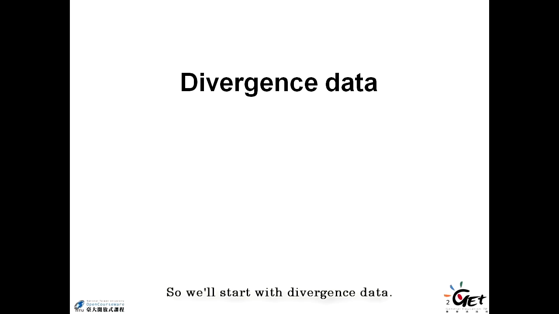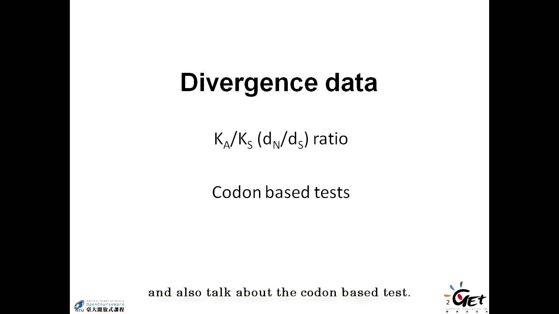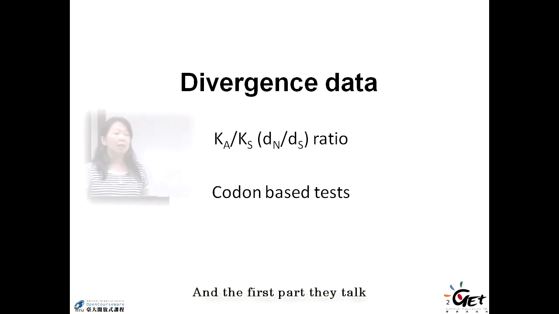So we'll start with the divergence data. Actually, everybody already knows that, but I want to give an overview of the ratio test and also talk about the codon-based test. That's mostly by Pamilo.